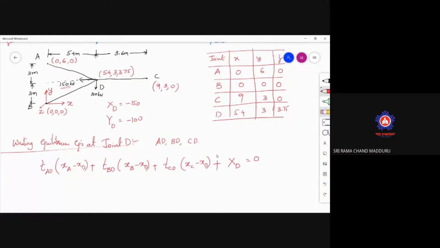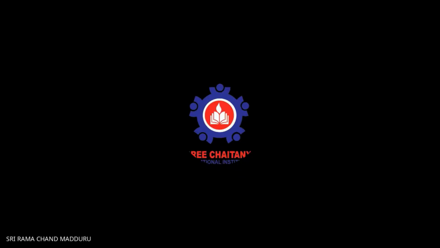Now writing down here, TAD is the unknown tension coefficient. XA is 0, minus XD 5.4, plus TBD, the tension coefficient of BD, unknown, into XB is 0 minus 5.4, plus TCD into XC is 9 minus 5.4.